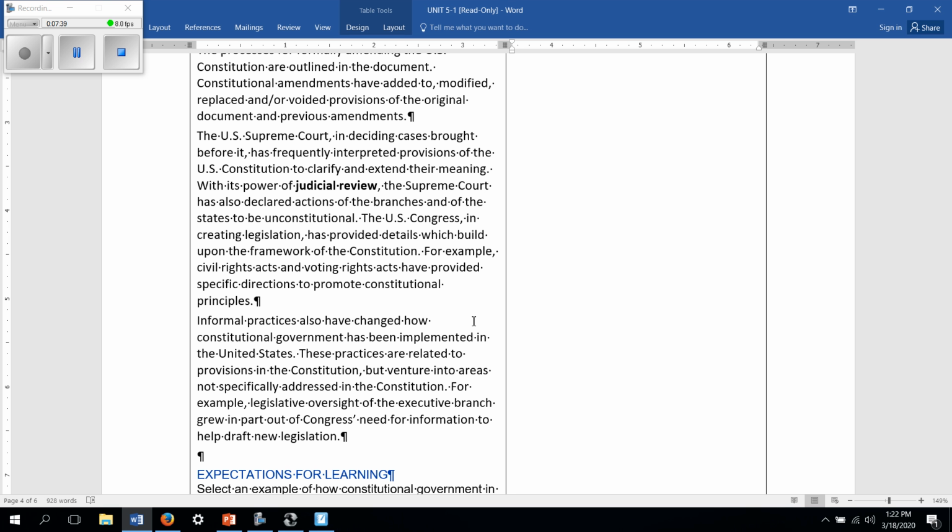These informal practices can look like individuals with ideas. It can be the political parties who help with identifying the needs of the government. It can come from the media. It can come from individual people. But they are all informal practices that help influence your government.